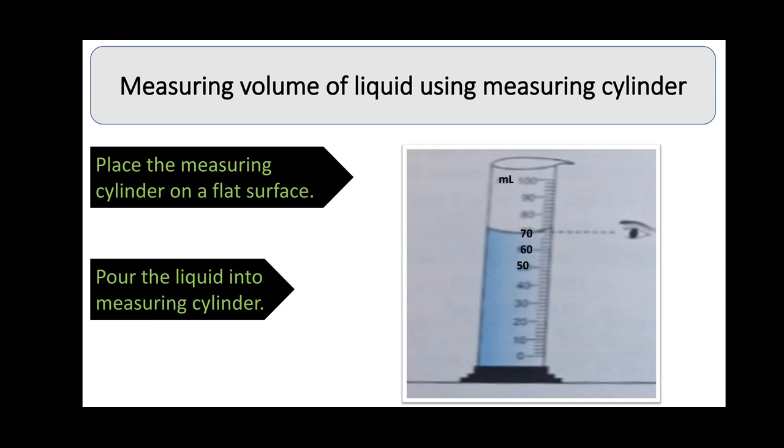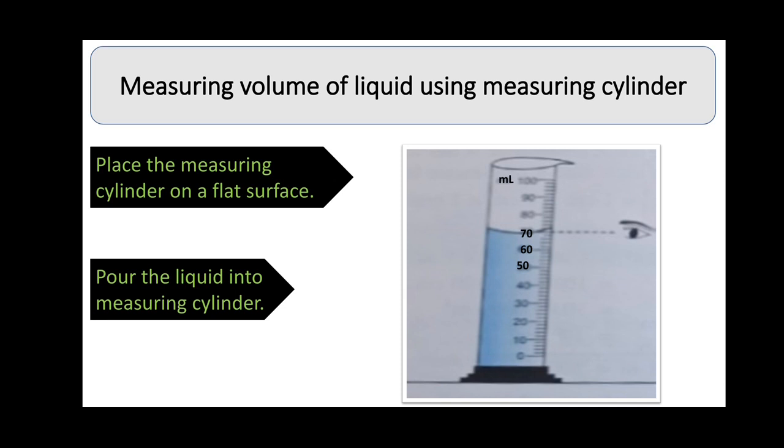Now you try to say how much is the volume of this liquid shown here. Yes, it is 70. 70 what? What is the unit? You know that the unit of volume could be liter, milliliter, deciliter.